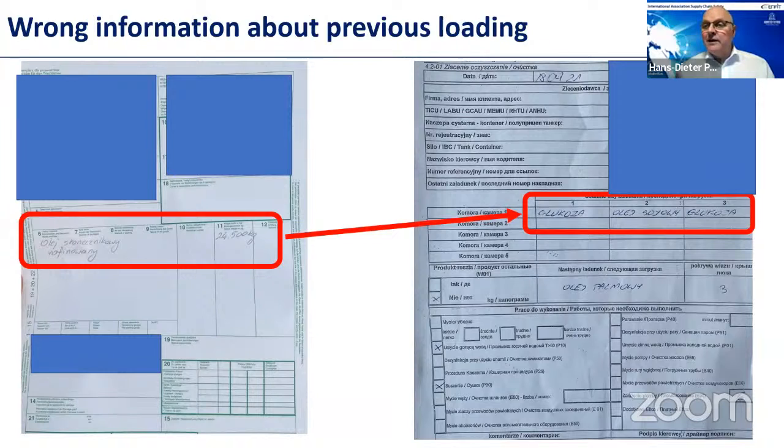Why? The cleaning stations, and the producers who do the loading later, often ask only for the three last previous loads. Here on the right side, I think it's Polish: glucose, soya oil, and glucose. That information comes from the driver, and he filled it out.